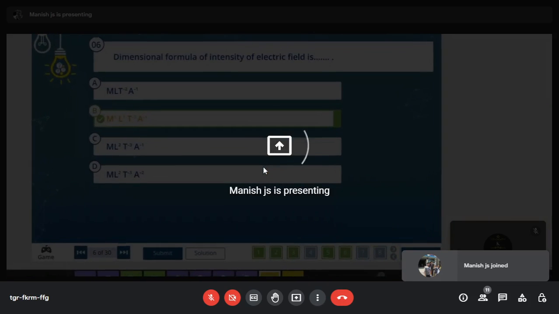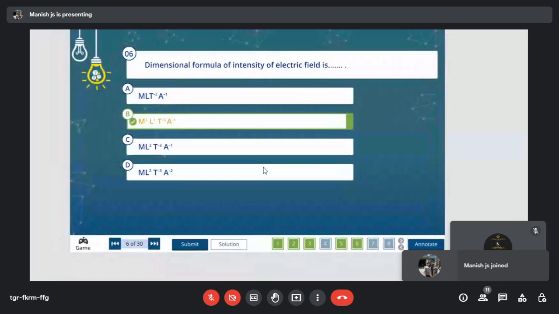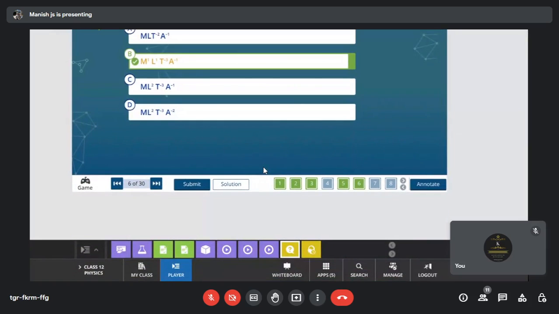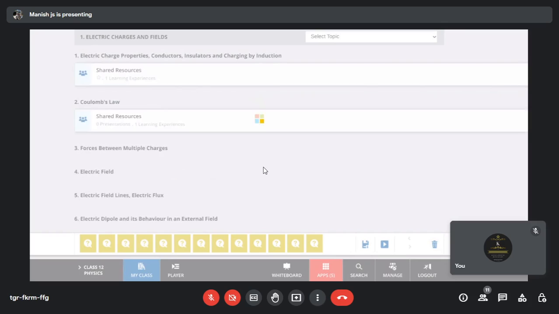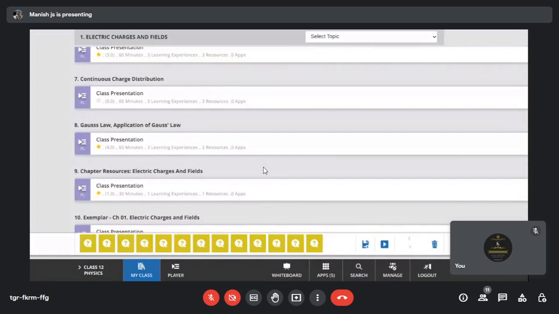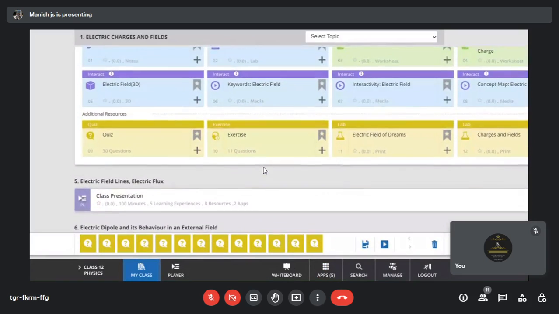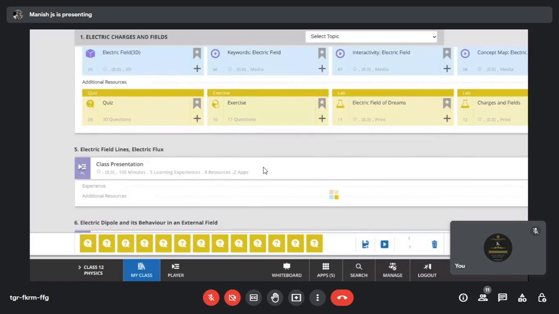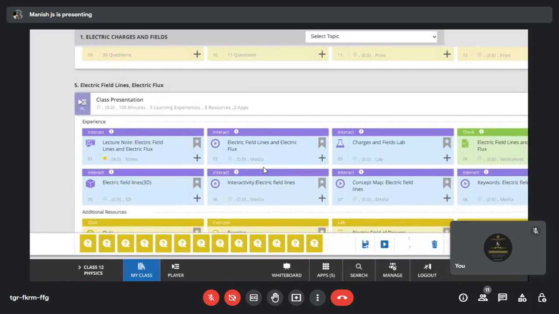So the answer is option B. So B is the correct answer. Okay, so we will go now to the next module. So electric field, I hope the concept is clear. Next we will go to electric field lines and eventually electric flux.